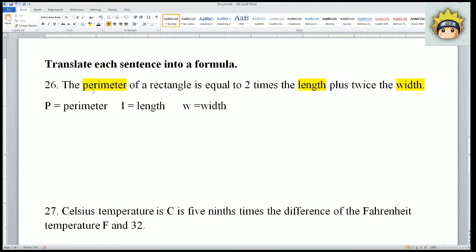So the perimeter, P is equal to 2 times the length, plus, that's an addition symbol. I can make that red for you.